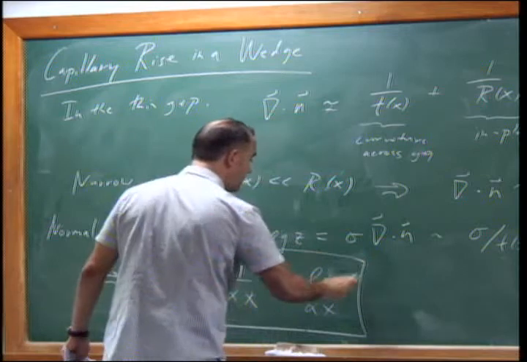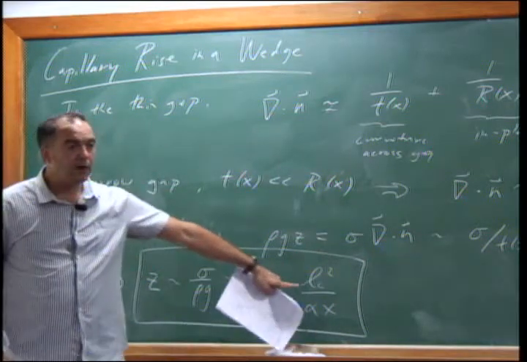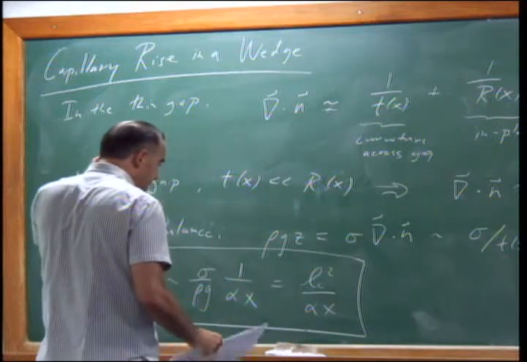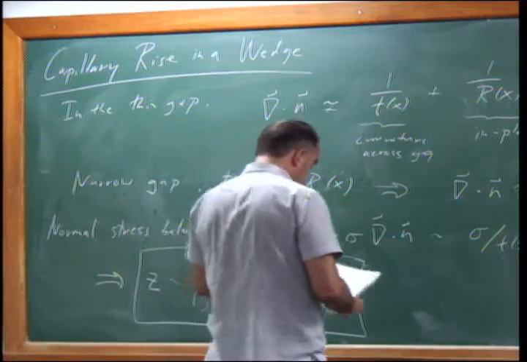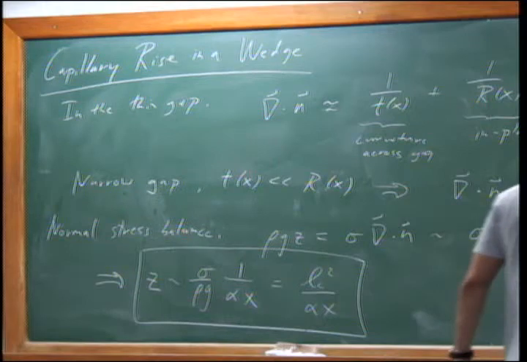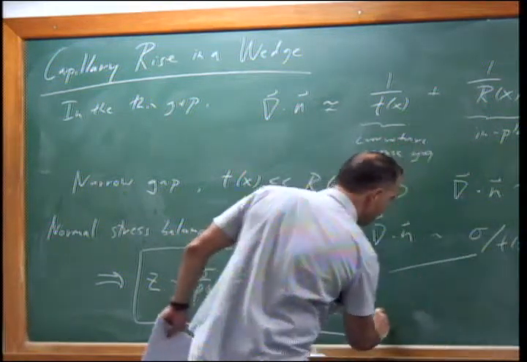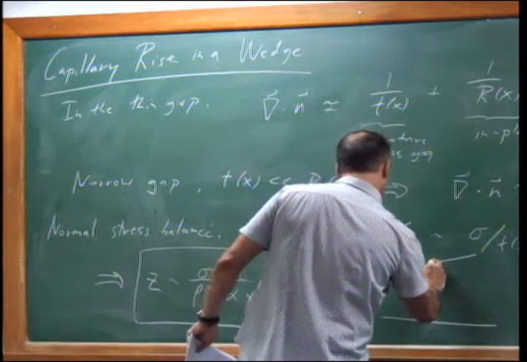Okay, so we can actually get a rise which is considerably greater than the capillary length. And in general, if we actually look at this carefully, then we're looking across the gap now.